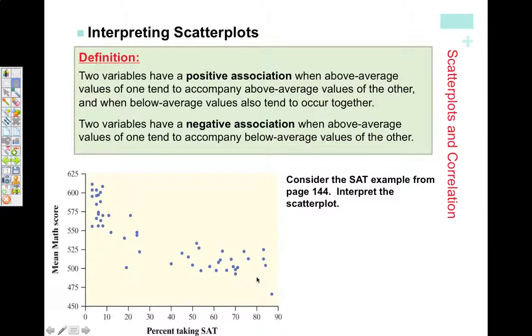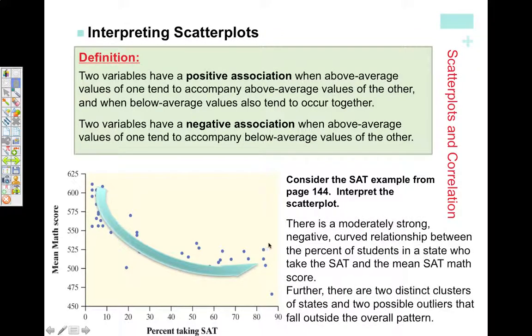Here's another scatter plot. This is SAT scores, the percent that took the SAT, and the mean math score. This one doesn't have as much of a linear relationship as it has a curved relationship. We say that there's a moderately strong negative curved relationship between the percent of students in a state who take the SAT and the mean SAT math score.